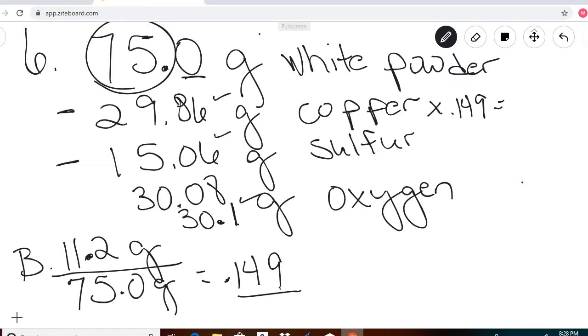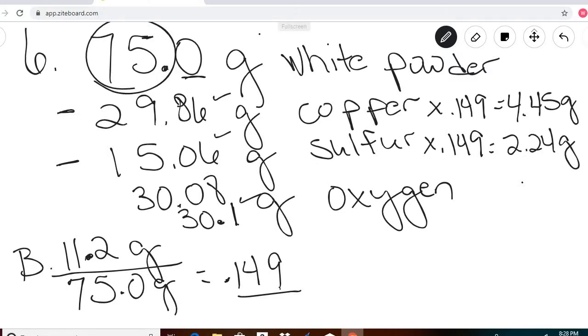29.86 times 0.149 gives us 4.45 grams of copper. Then for sulfur, we'll do the same thing. 15.06 times 0.149 will give us 2.24 grams of sulfur.